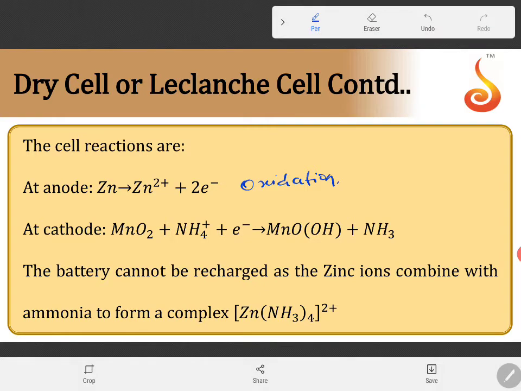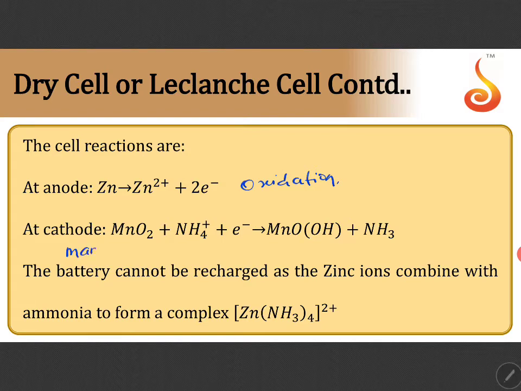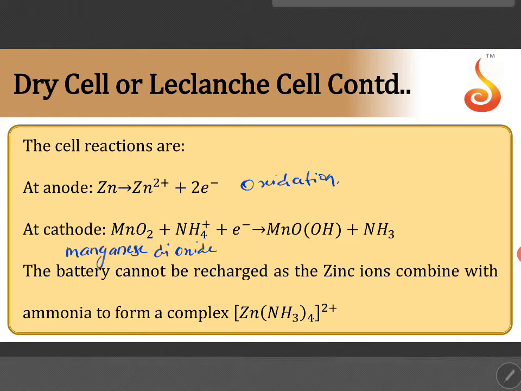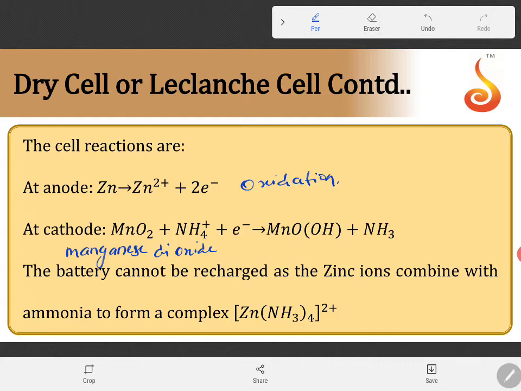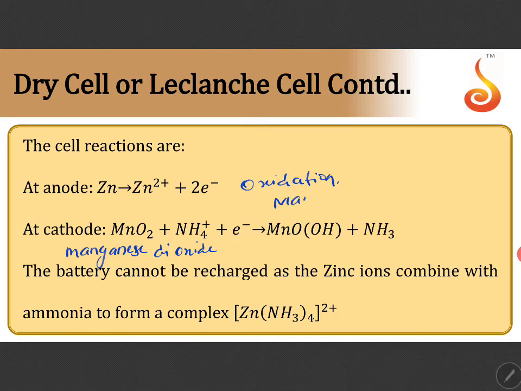So zinc is getting oxidized to zinc 2 plus ion, and at cathode what happens is manganese dioxide reacts with ammonium ion, consuming electron to form a special compound called manganese oxide hydroxide, MnO(OH).